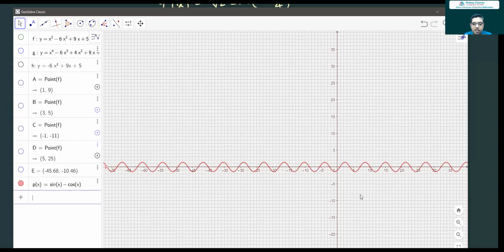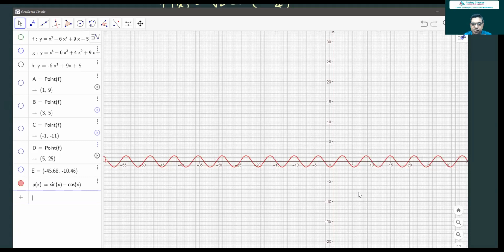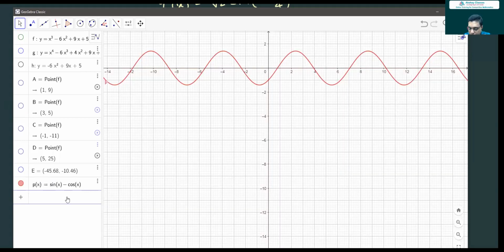It just looks like a normal function. Only thing, you see the maximum and minimum values are crossing the value 1, and the minimum will cross the value minus 1.